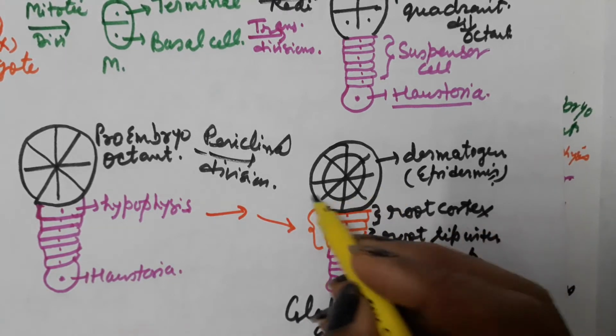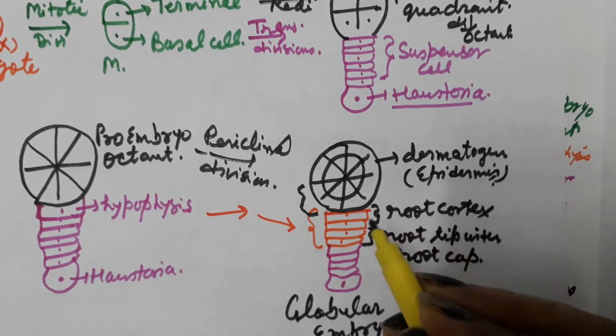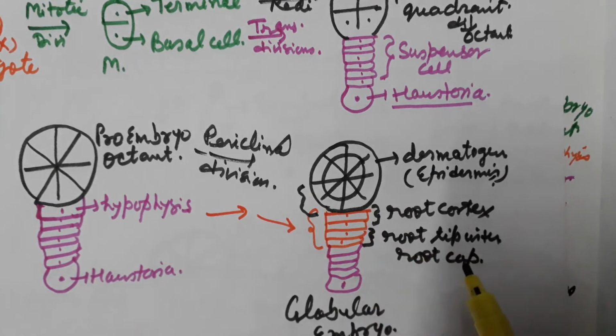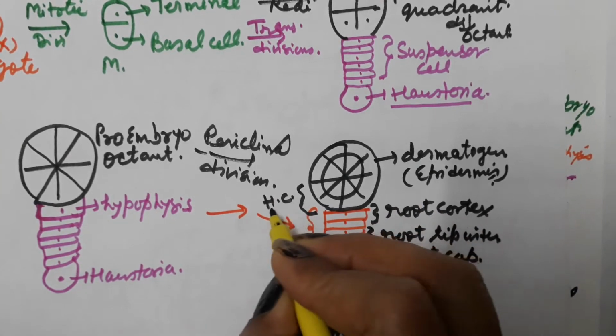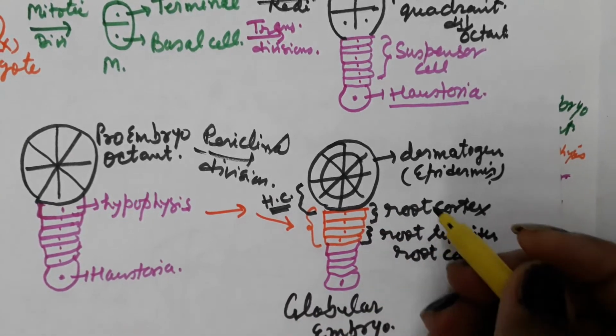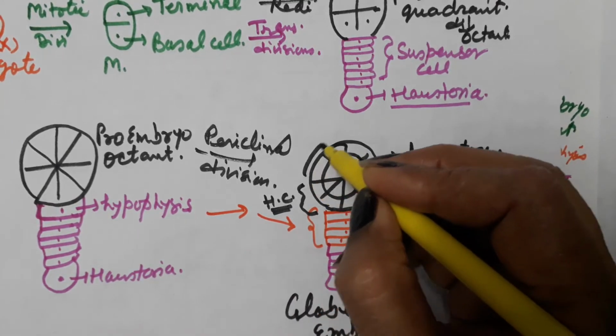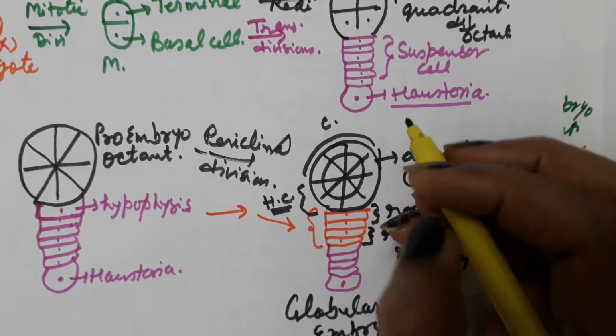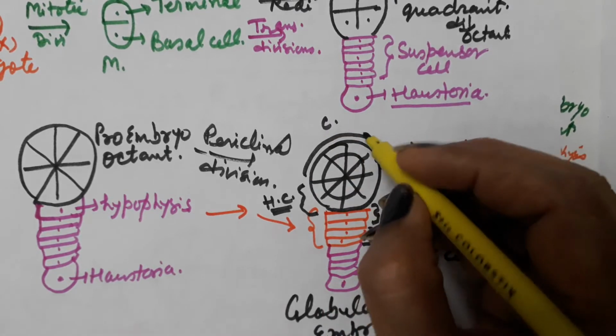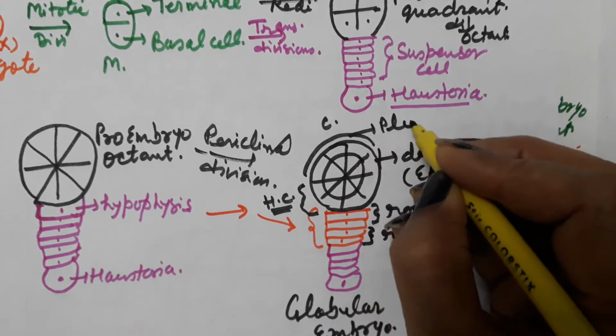The lower 4 cells of the proembryo which are present towards the hypophysis produce the hypocotyl. And the upper 4 cells, which are present towards the chalazal end, give rise to the plumule and cotyledons.